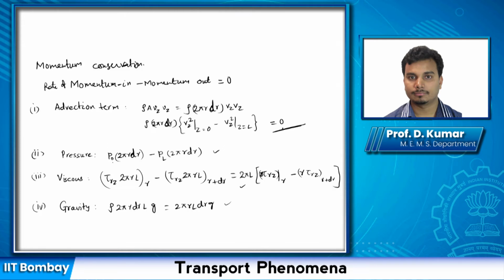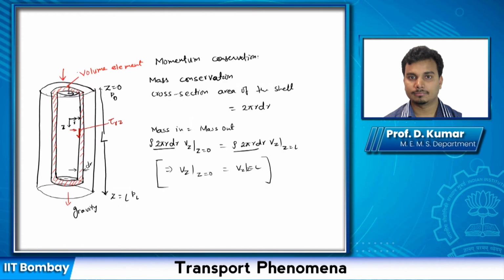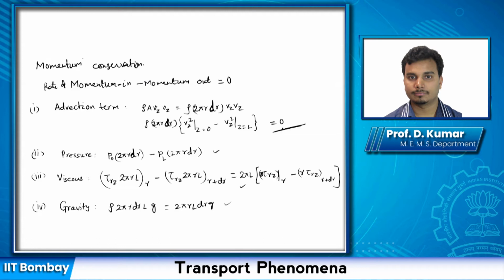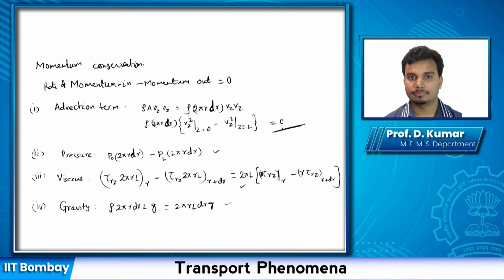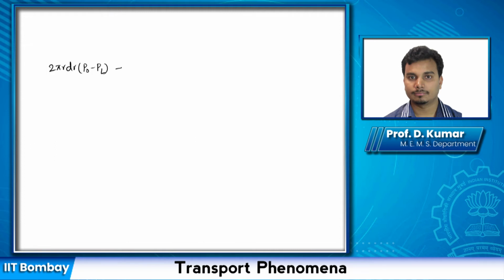So let us start with the simple one. 2 pi r dr, P naught minus PL. That is your pressure term. So you just keep this term common. Now viscous, you have to be a little careful. 2 pi L, and then you will have r tau rz at r minus r tau rz at r plus dr. What else?